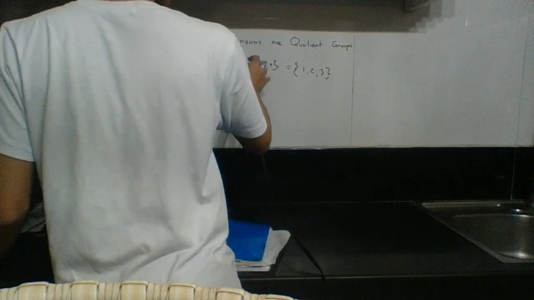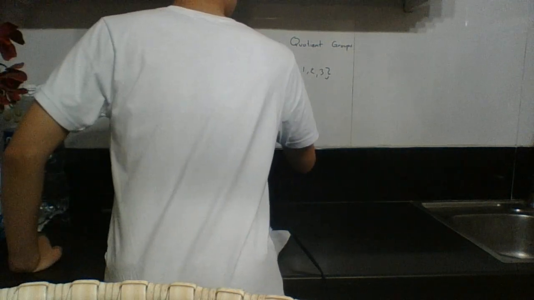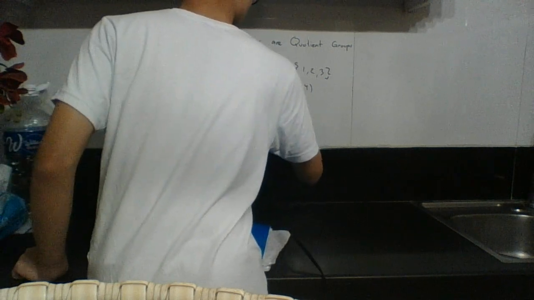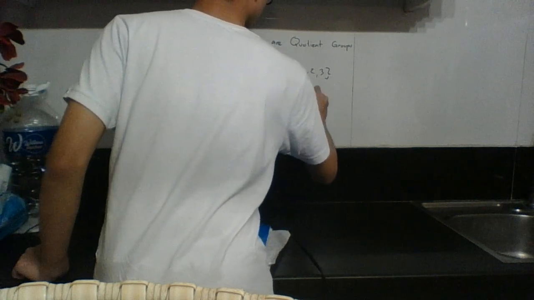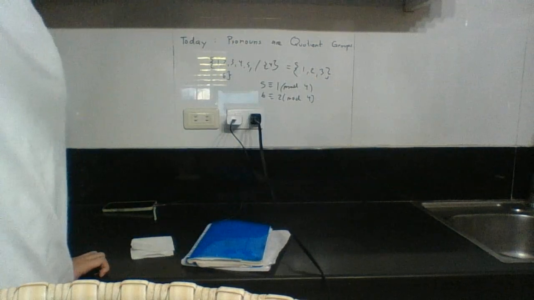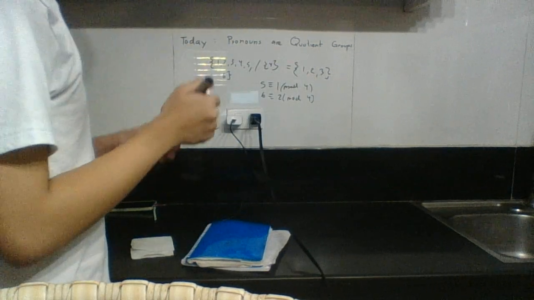But we've essentially compressed the entire thing onto this smaller set, because what we're now saying is that 5 and 6 are just equivalent to 1 and 2 respectively, mod 4. So 5 is congruent to 1 mod 4, and 6 is congruent to 2 mod 4. So that's modular arithmetic.